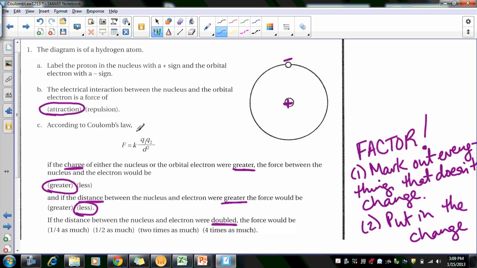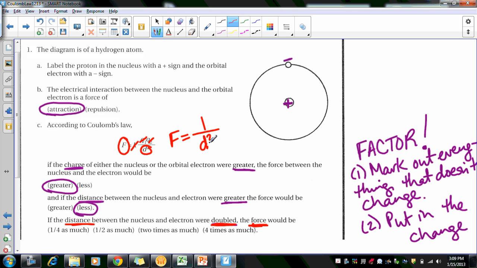So here in our equation, we're looking at a distance change. So why don't I use a different color here? The distance is doubled, and we want to know how the force will change. So the two things involved are distance and force. So circle force, circle distance. Everything else gets marked out. And so the change in the force is equal to the change in the distance squared, but since it's on the bottom, we have to keep it on the bottom.